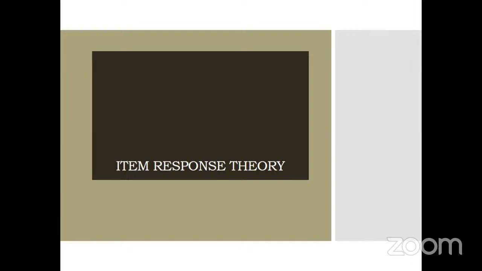I have one more question. Can we use logistic distribution in place of the Rasch model to get the probability of correctness? Yes, that is also a logistic model that we are going to discuss now.